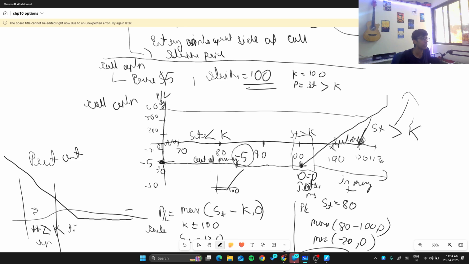If ST equals K, we are at the money. And if ST is greater than K, we are out of the money. We are out of the money, right?